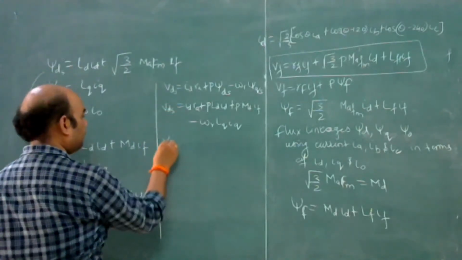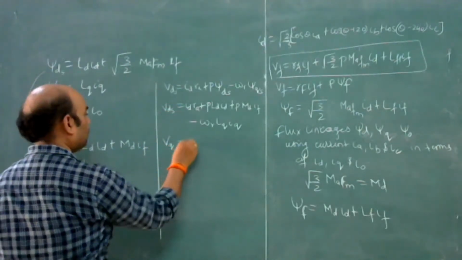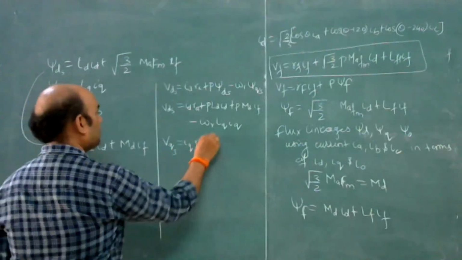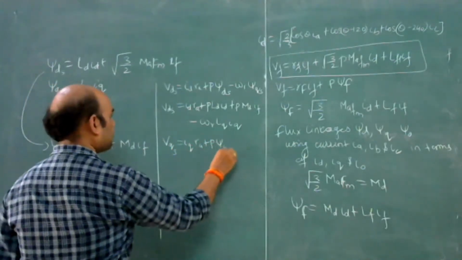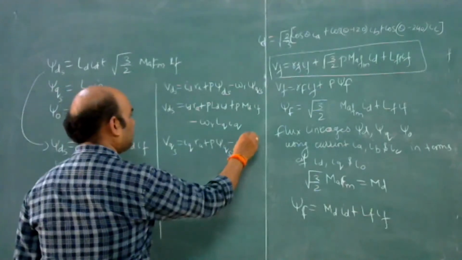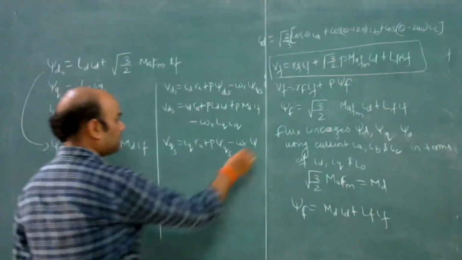Similarly, we can find VQS is equal to IQ into RA plus P psi QS minus omega R rotational voltage.